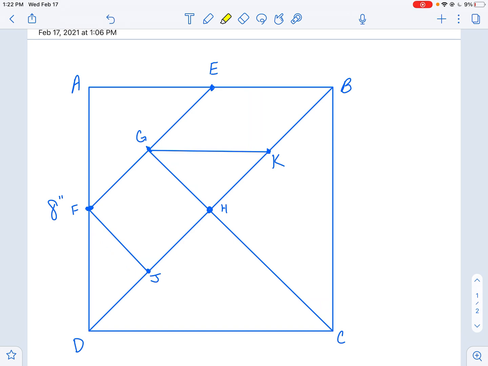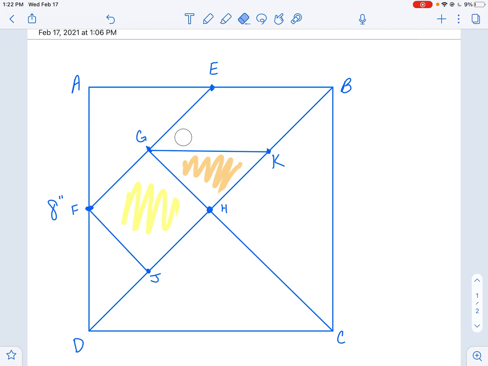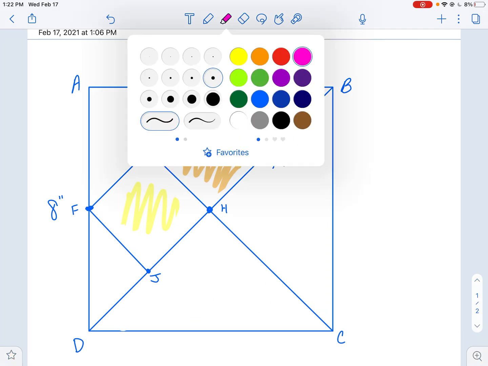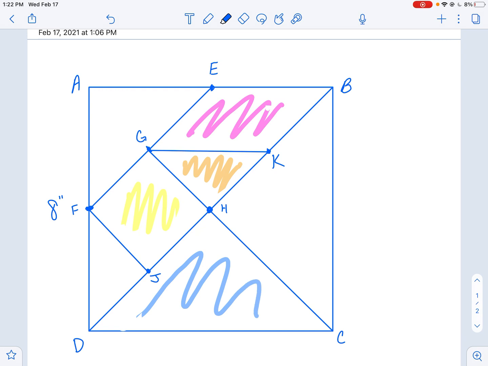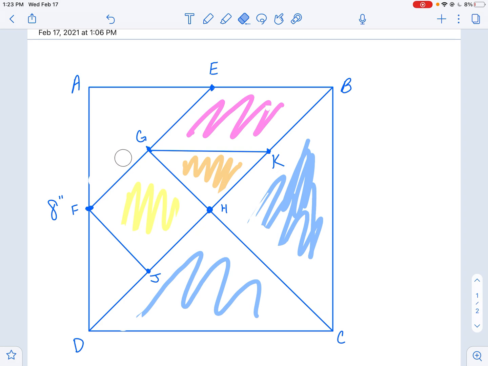Okay, a square, and then I'll get a triangle, and this parallelogram, and then I'm also going to cut out, I've got 2 congruent triangles down here, and then I have a smaller triangle up on the top here.